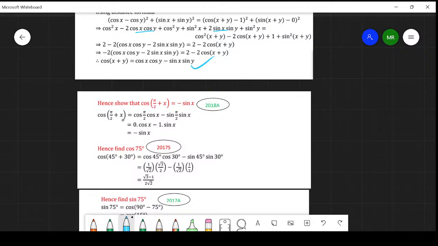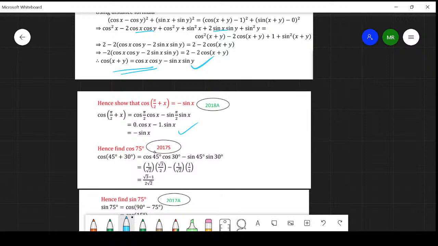Write the cos(a plus b) formula, because they have derived the formula. Replace x with pi by 2, y with x. You write cos pi by 2 cos x minus sin pi by 2 sin x. Cos pi by 2 is 0 into cos x, sin pi by 2 is 1, it gives minus sin x. That's all.